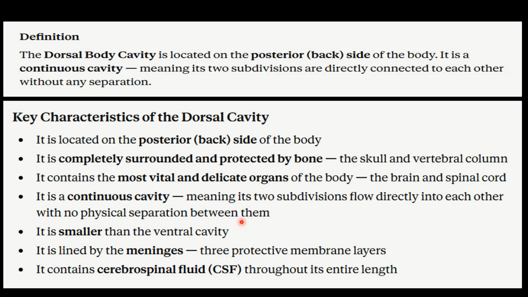Okay, so if we compare according to size, it is smaller than the ventral cavity. It is lined by the meninges, three protective membrane layers, and it also contains the cerebrospinal fluid, that is CSF, throughout its entire length. Clear? So now we also know the key characteristics of the dorsal or posterior cavity.